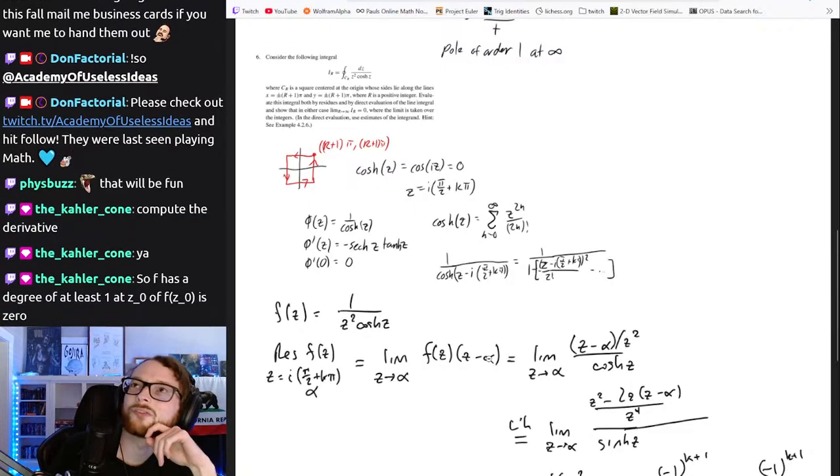That gives you the order of a zero. F has a degree of at least 1.